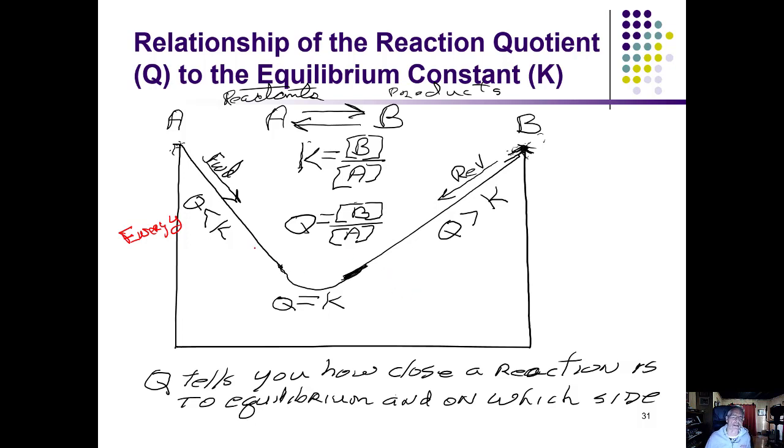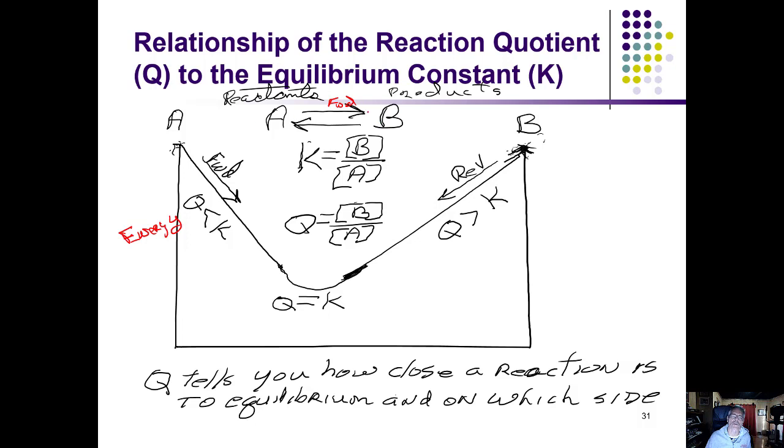So here's the deal. Let's say we start the reaction with only reactants. And if we start with only reactants, there really is only one way to go, and that is in the forward direction to make products.